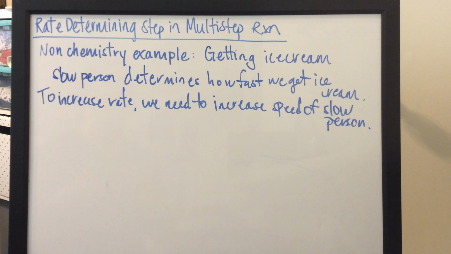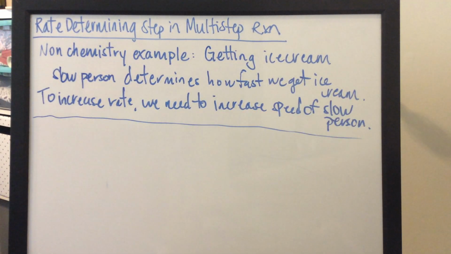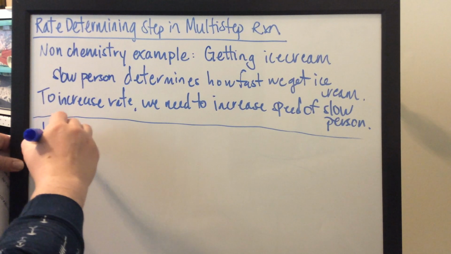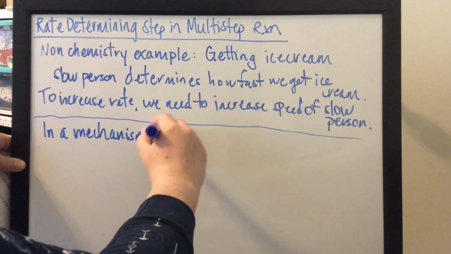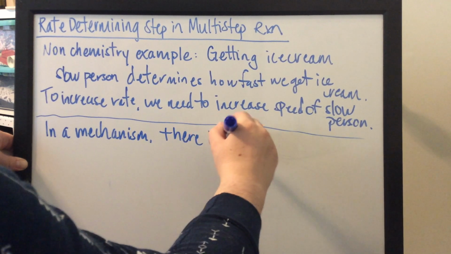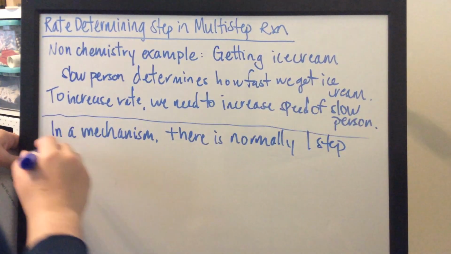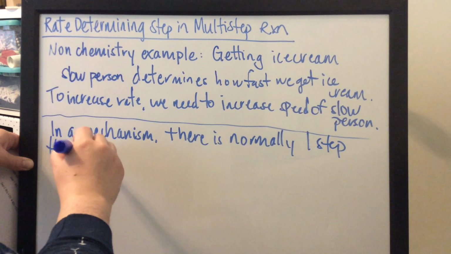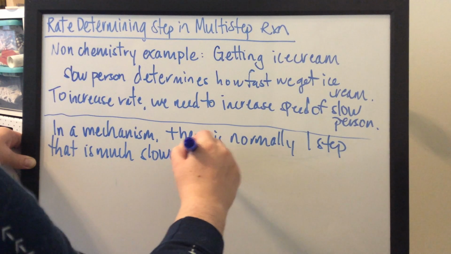And so this is the idea that in a mechanism, so now we're kind of gonna cross the line into chemistry, so to speak, that in a mechanism, there is normally one step that is much slower than the others.